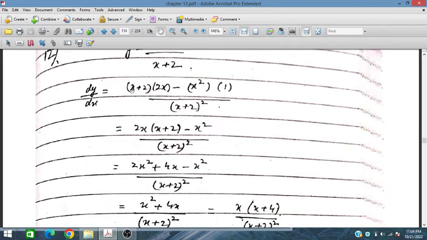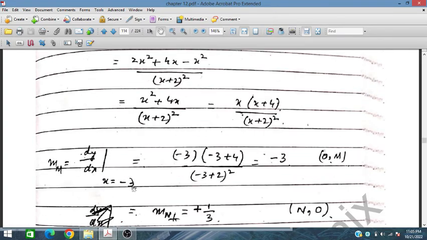So this is dy by dx at point x is equal to minus 3. We have this point M because it is intersecting the y-axis where the value of x is equal to 0.